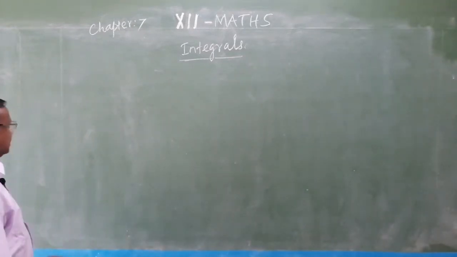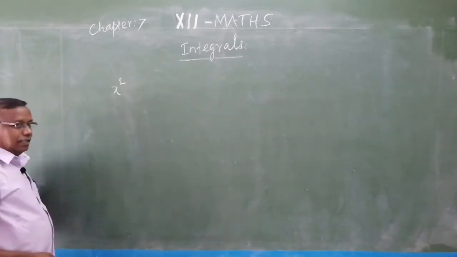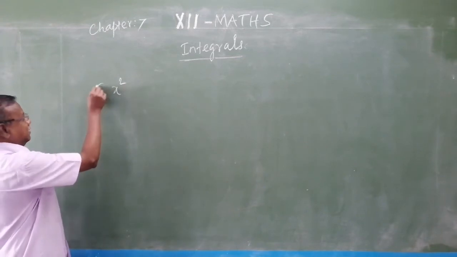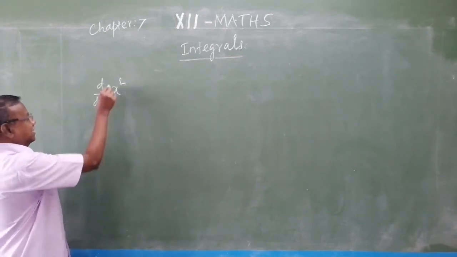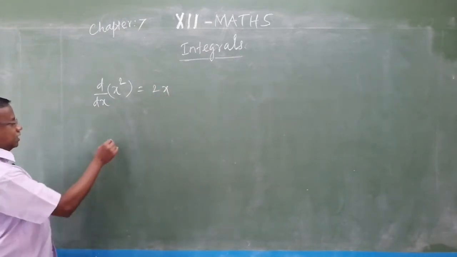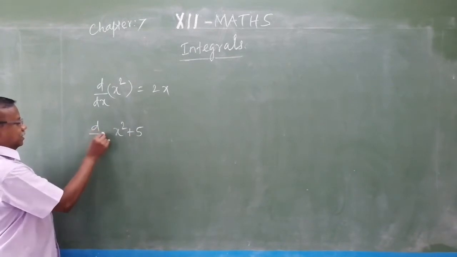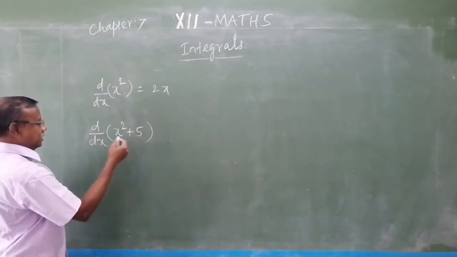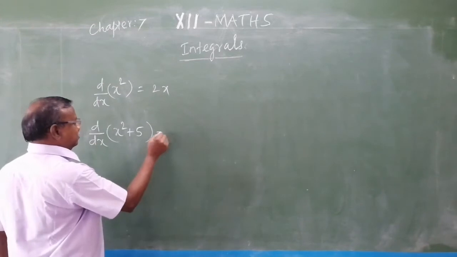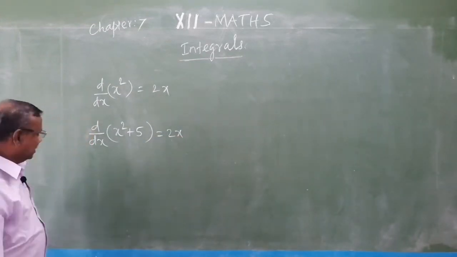Consider a function x square and the derivative, that is d by dx of x square equal to 2x, and consider another function x square plus 5. Here the derivative of x square plus 5 is again 2x plus the constant term's derivative 0, so again 2x.